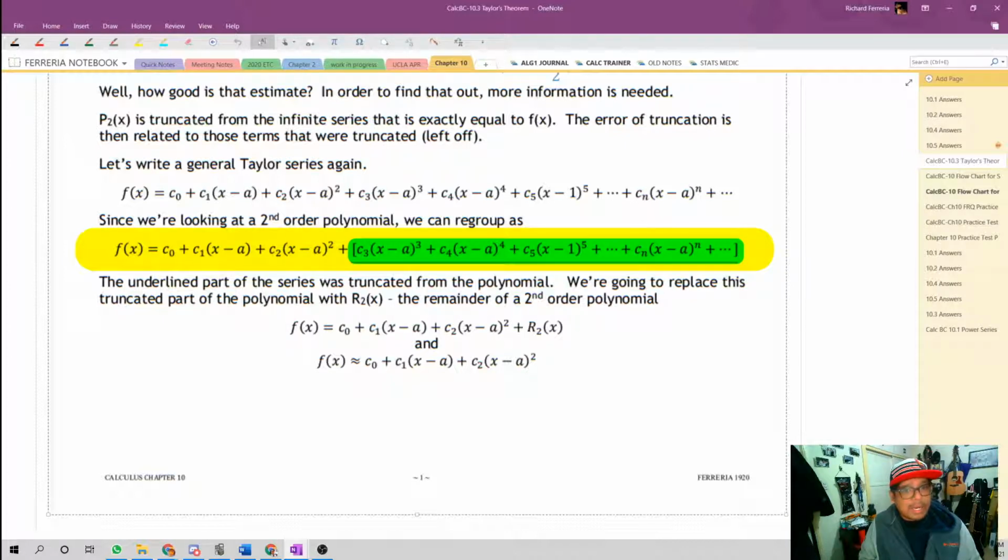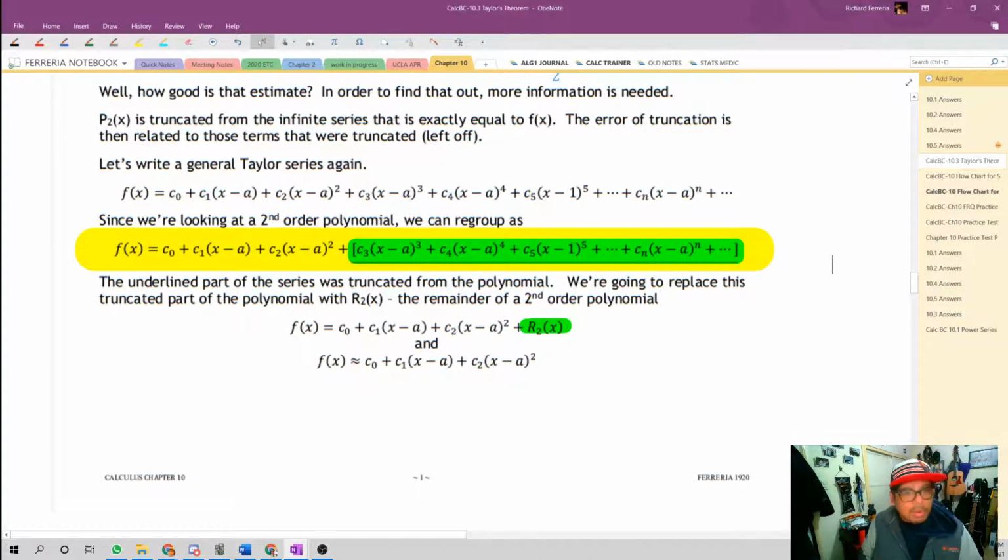So they were truncated. And what we're going to do is replace those green terms with something called R2 of x. So R2 of x, highlighted here, is taking the place of all of the terms that we left off. They are equal to each other.